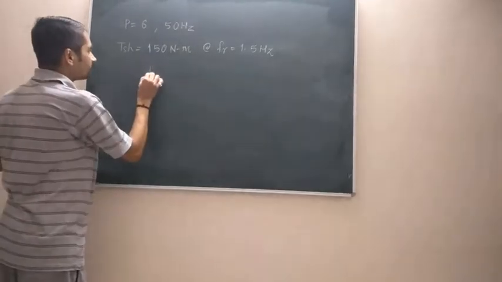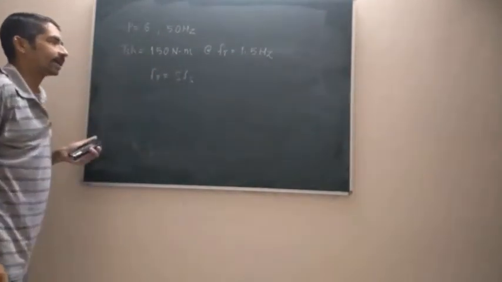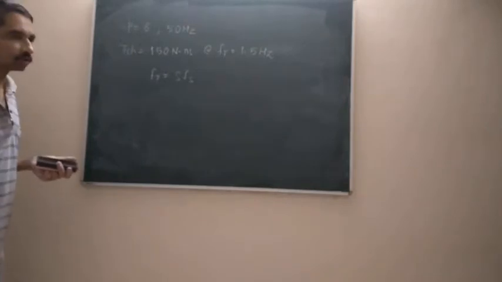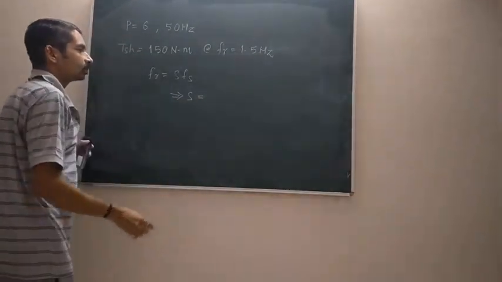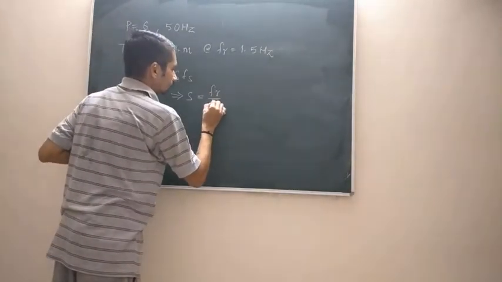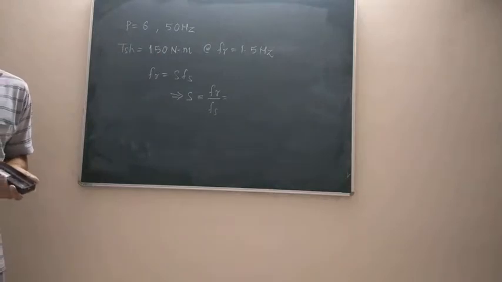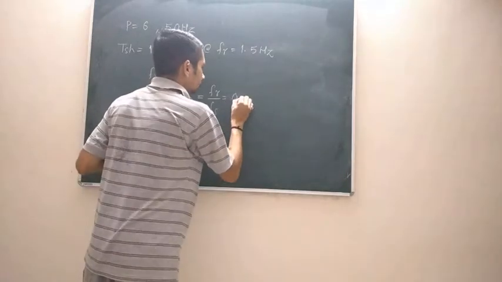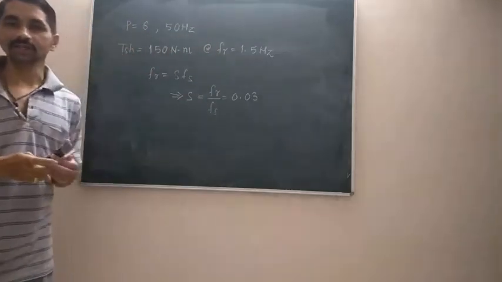We already developed the relationship between rotor frequency and stator frequency as Fr equals S into Fs, and therefore the slip will come out to be Fr upon Fs, that is 1.5 upon 50. So the answer is 0.03 or 3%.